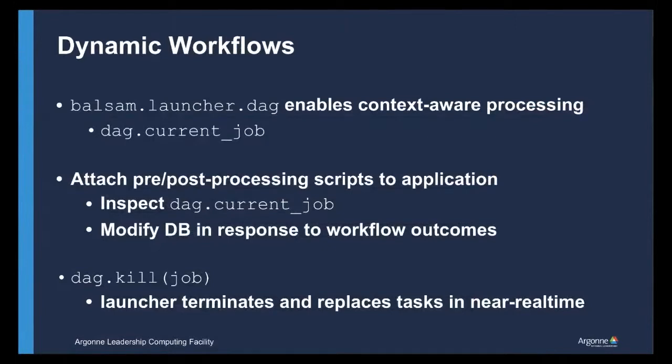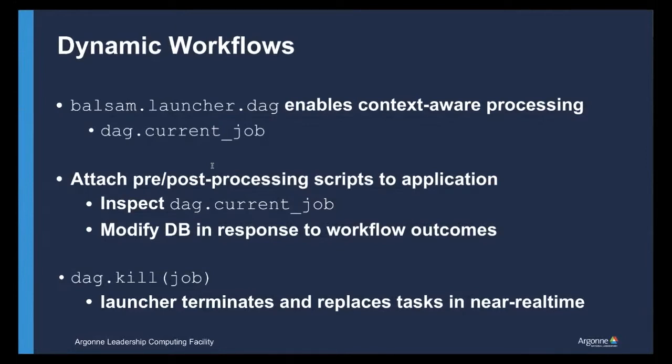And then the rest of the stuff in that module we can go into details offline, but the essence of this launcher.dag module is that it has a current job attribute. So when it's imported in the context of an application or the post-processing script of a particular application, it's aware of the job that's being processed.